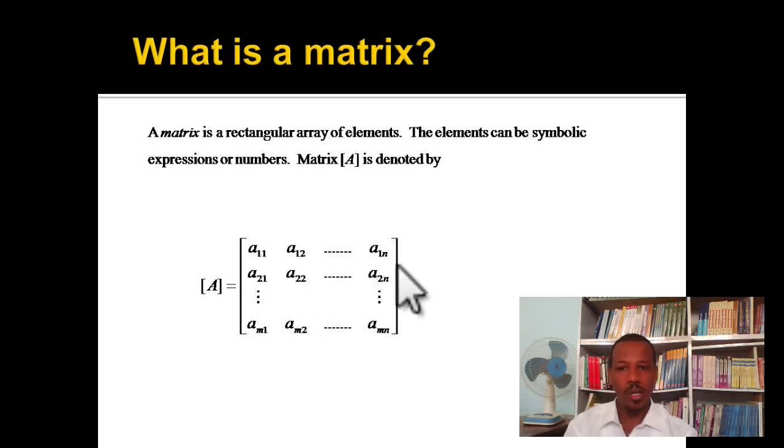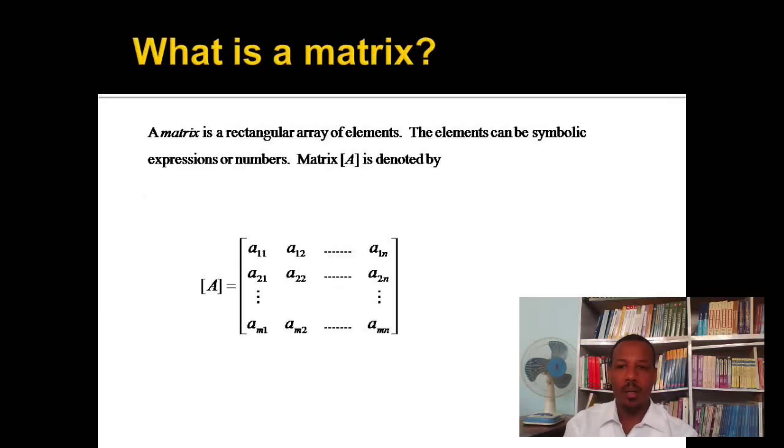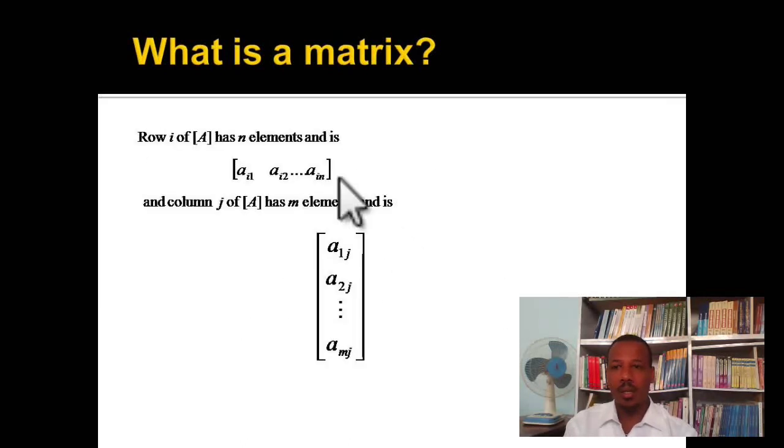This one is said to be the first row, the second row, the third row, and we can say the ith row. I represents the first row or the second row or the third row, and it has n elements: a_i1, a_i2, a_i3, a_i4, up to a_in.